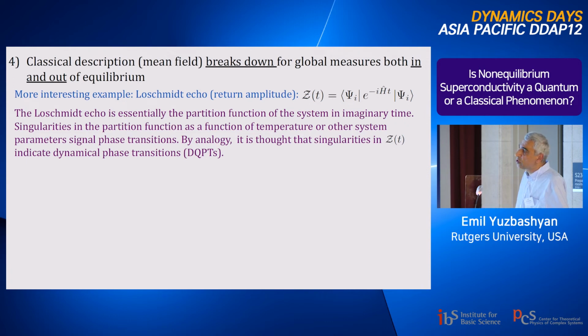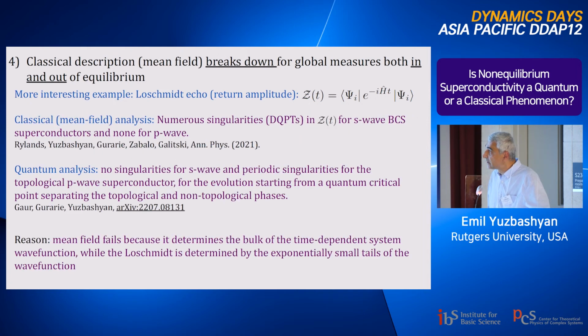And we know that for a regular partition function, its singularities as a function of temperature or other system parameters signal phase transitions. So by analogy, it is believed that singularities in the Loschmidt echo indicate certain dynamical phase transitions. Okay? So here is what we find.